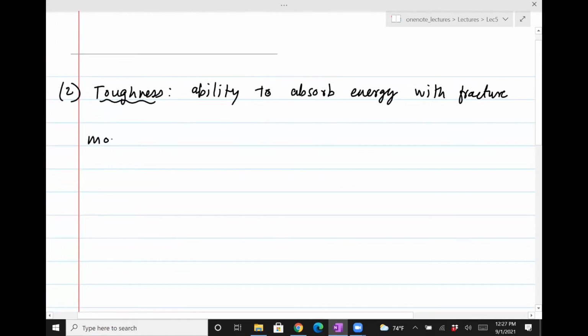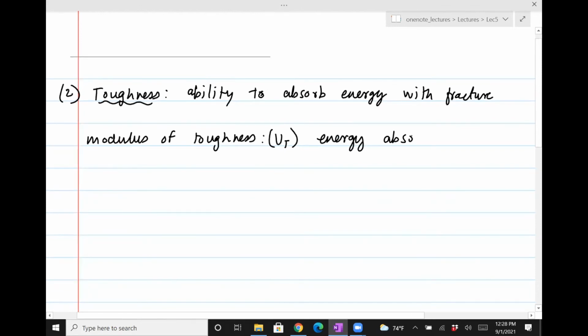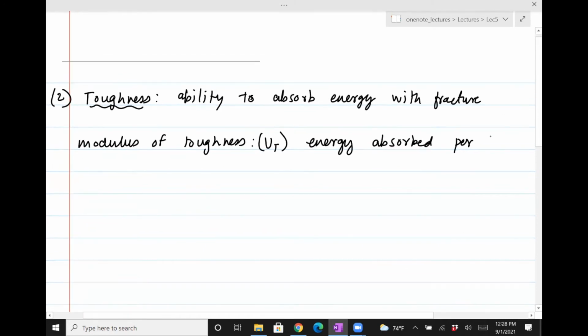So we have a modulus of toughness, which we'll denote as U_T. And we'll define that as the energy absorbed per unit volume without fracture.